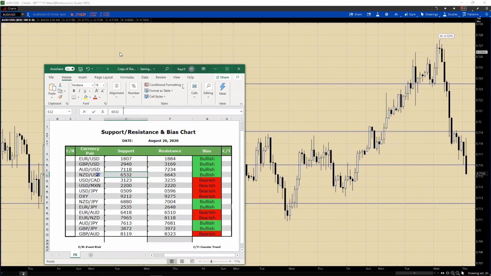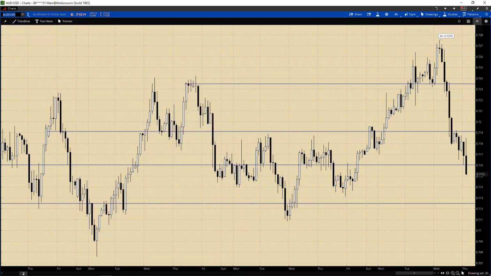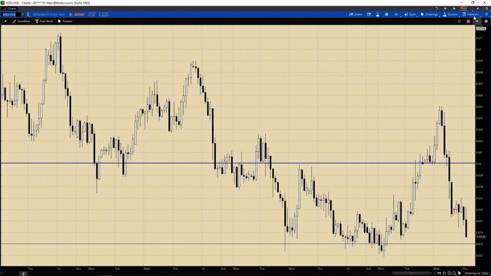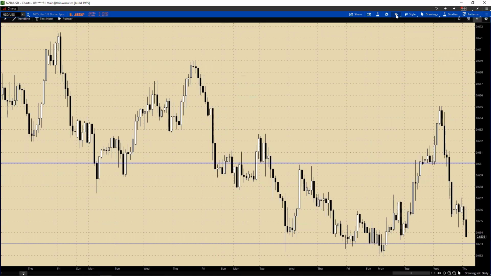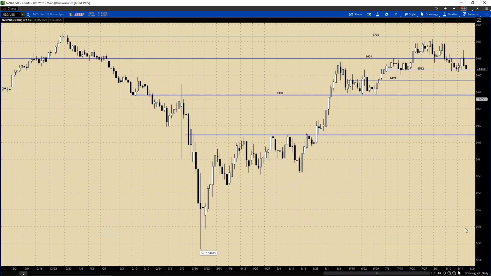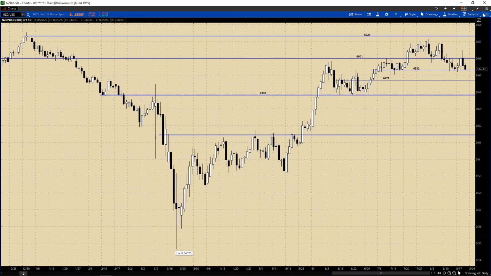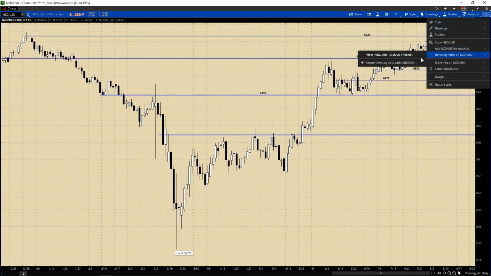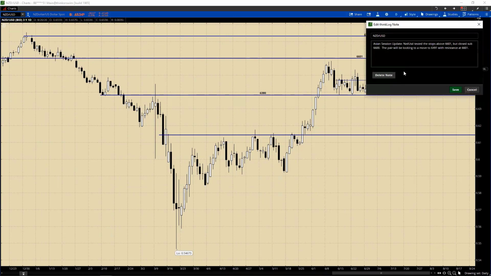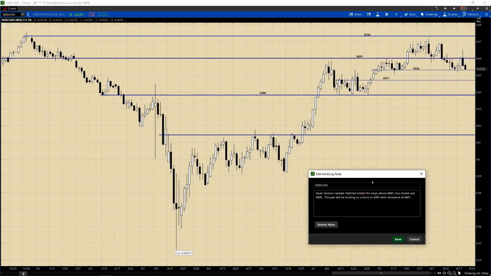On to the Kiwi dollar. So the New Zealand dollar tested the stops above 66.01 coming into the FOMC. That was our bias chart resistance.